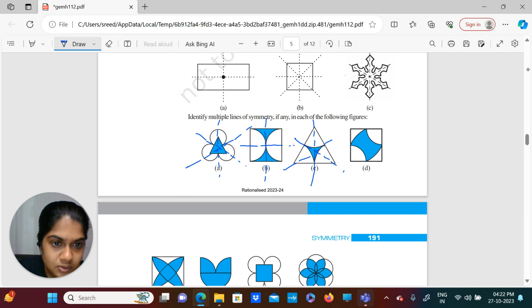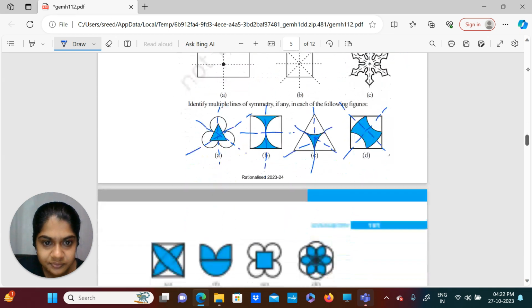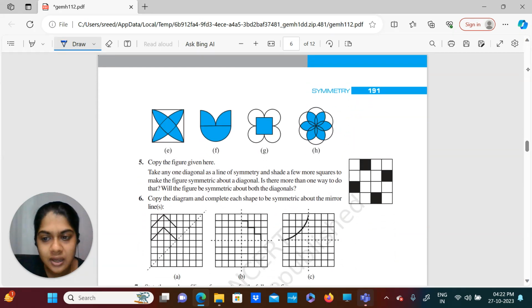Here also 1 and 2. Two lines of symmetry. So the figures with more than one line of symmetry are said to have what? Multi-line symmetry.